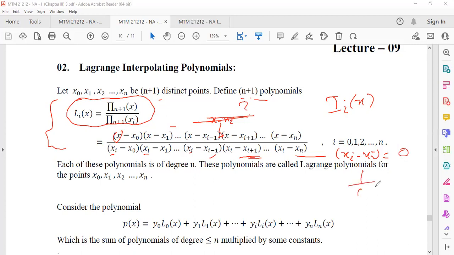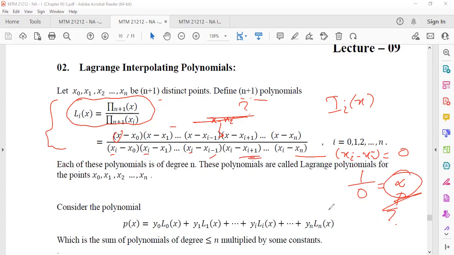So 1 over 0 is what? Yes. Is there an infinity number in the real world? Can we use it for anything? No, there is no use with infinity.